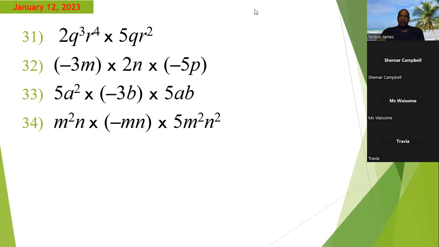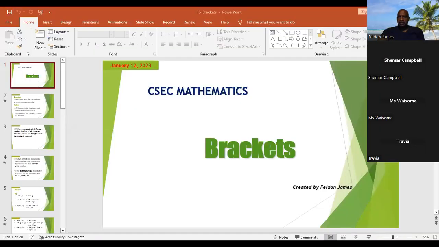So we want to move on to another topic. So I'm going to stop sharing this, and then now we're going to share another topic. So our next topic that we'll be looking at, brackets.